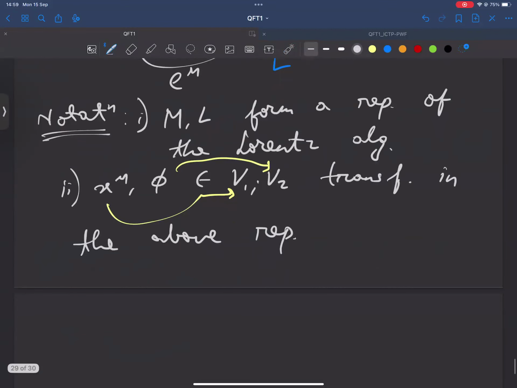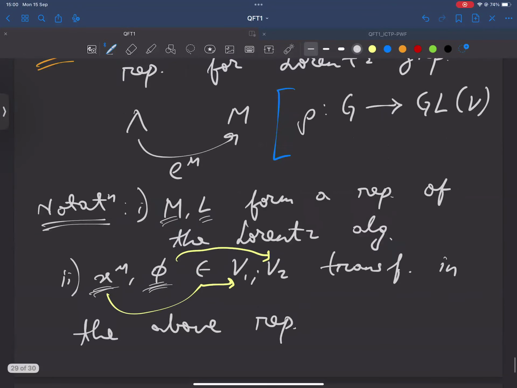So at times in physics, people, again very informally, say that these objects x and phi themselves form representations of your algebra. But what they are actually trying to say is these guys belong to vector spaces on which these representations work or act. Okay, so that's why at times this might be confusing.